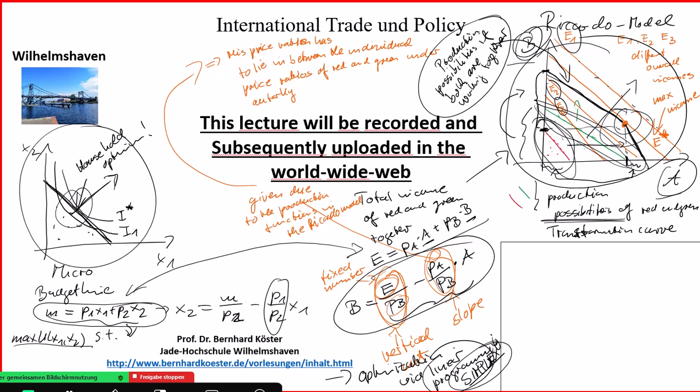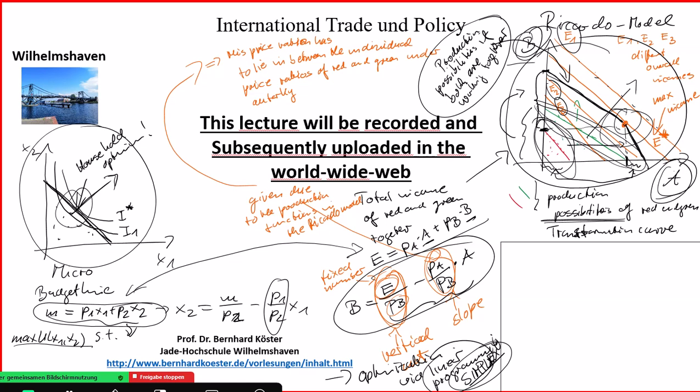So going to the right means, defined by the slope of the transformation curve, you have to reduce the production of the other good by slope times 1 unit of, here if you go to the right, of good A.